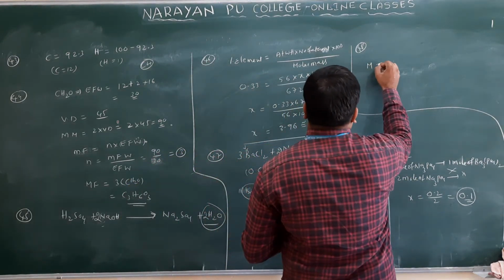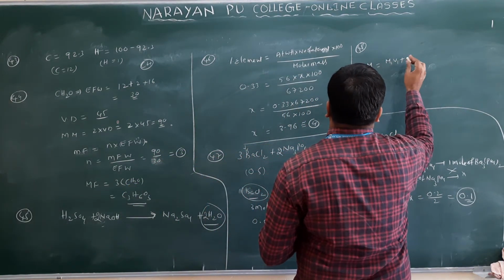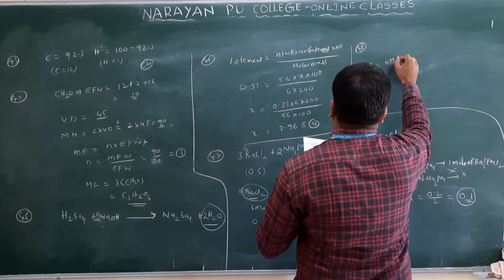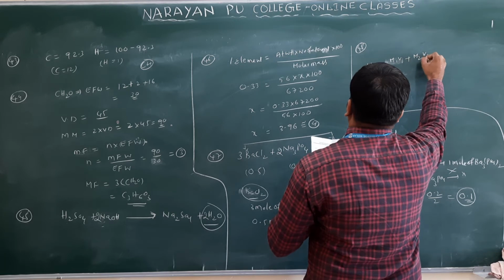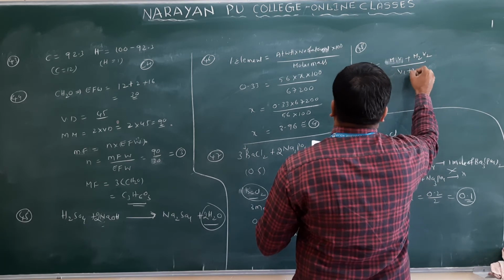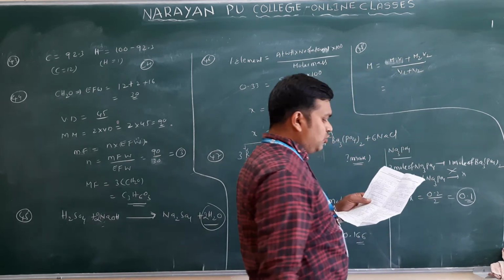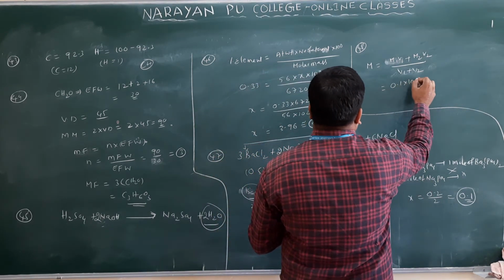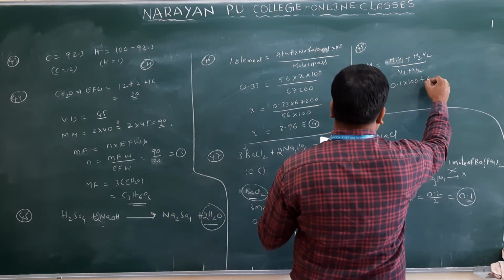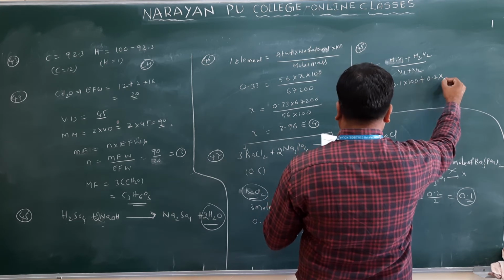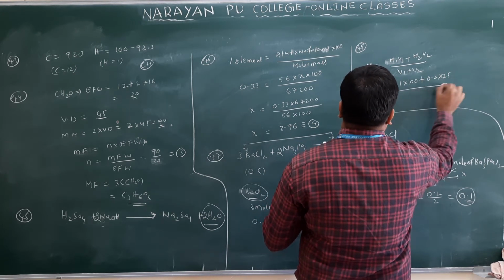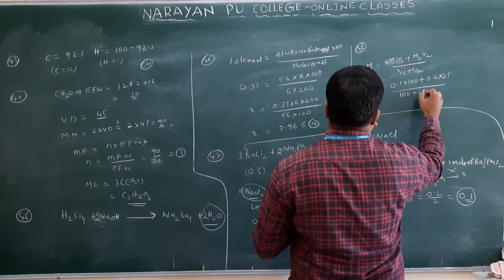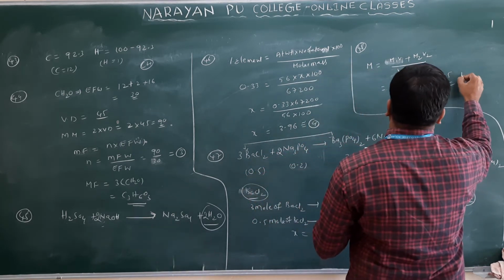The simple formula: M is equal to M1V1 plus M2V2 by V1 plus V2. What is the molarity of the first solution A? That is 0.1, and the volume is 100, plus the second concentration 0.2 into volume 25, by total volume 100 plus 25.